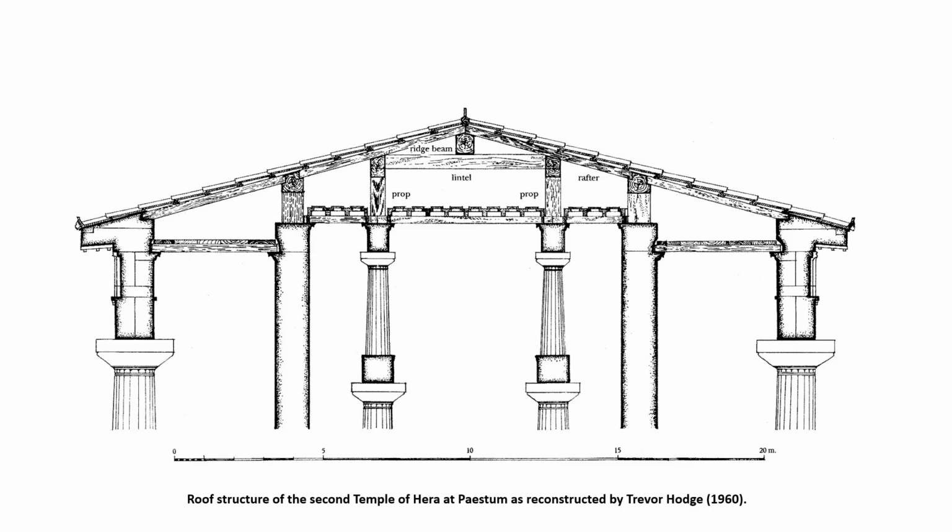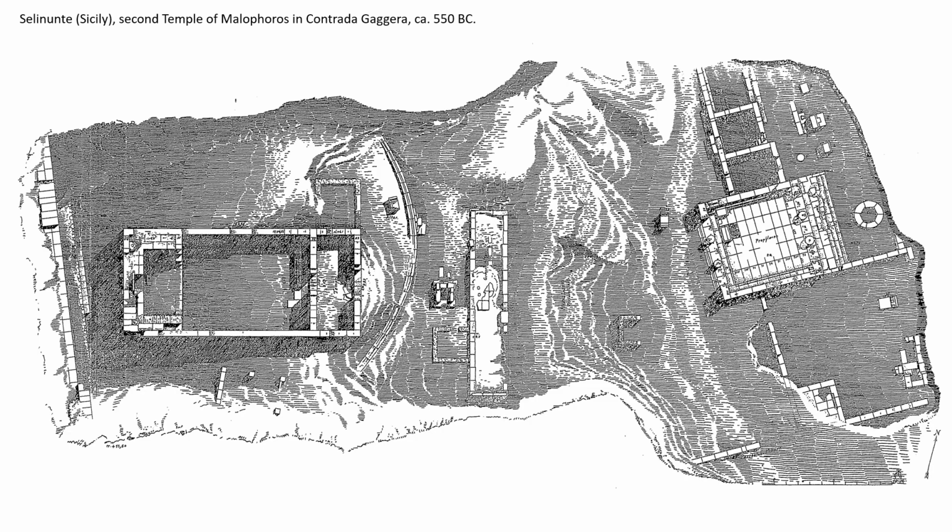In this system, rafters were not attached directly to cross beams, but were supported by purlins and vertical posts. Later studies have confirmed this interpretation, showing that this was the dominant roofing system in Greek monumental architecture. However, there were exceptions.